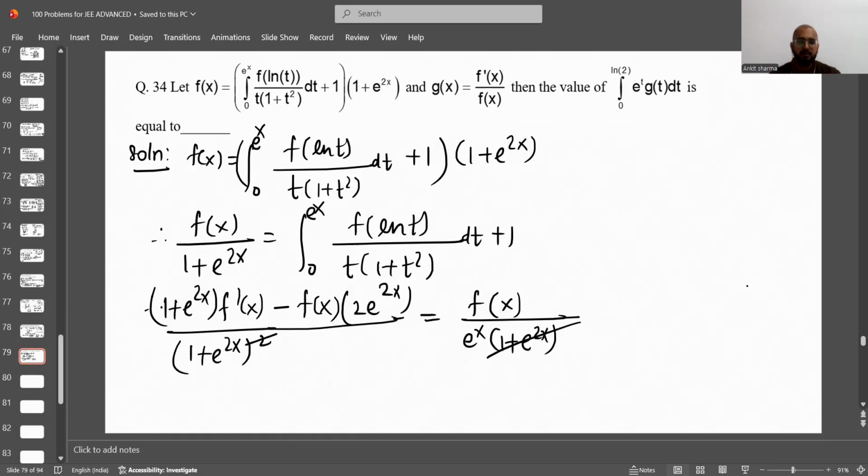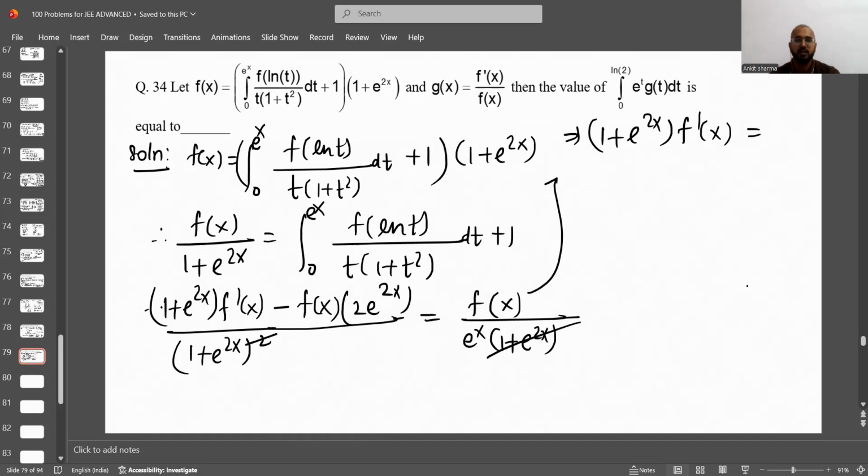And then now let's transfer this one to that side. So from this equation, I'll have 1 plus e to the power 2x into f dash of x equal to, I'll transfer this one to this side and then add it here.